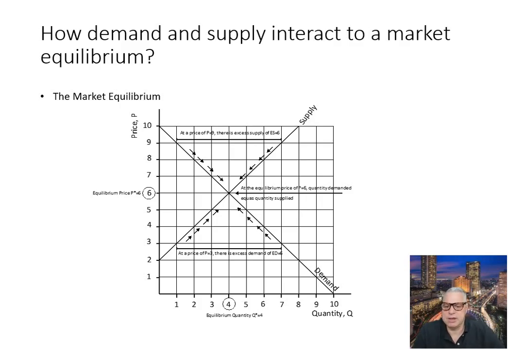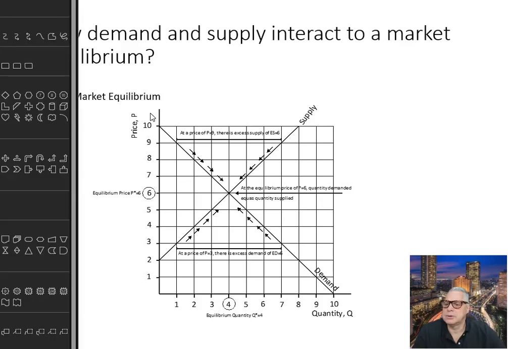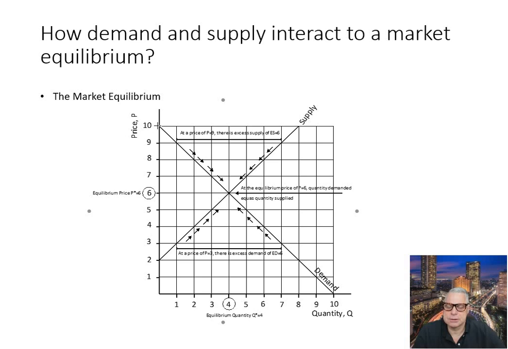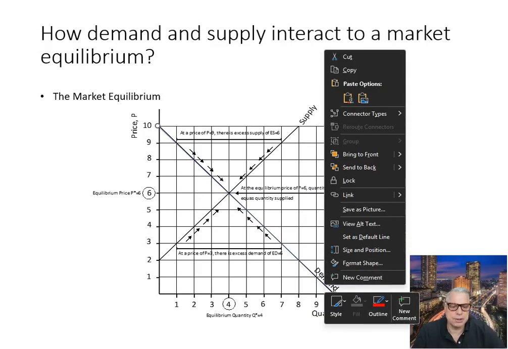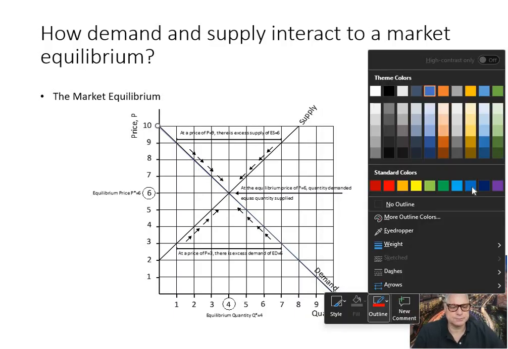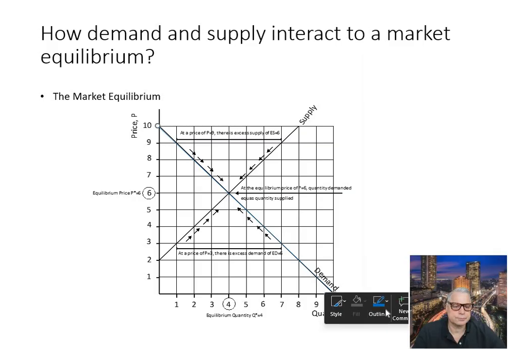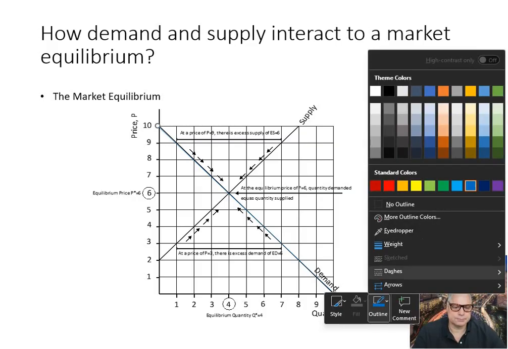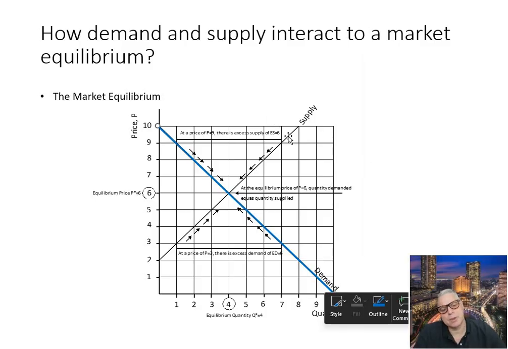And so we have here a demand function, and let's make it a little bit thicker. So the demand function goes from 10 to 10. So here we have a demand function, which is now the blue line.